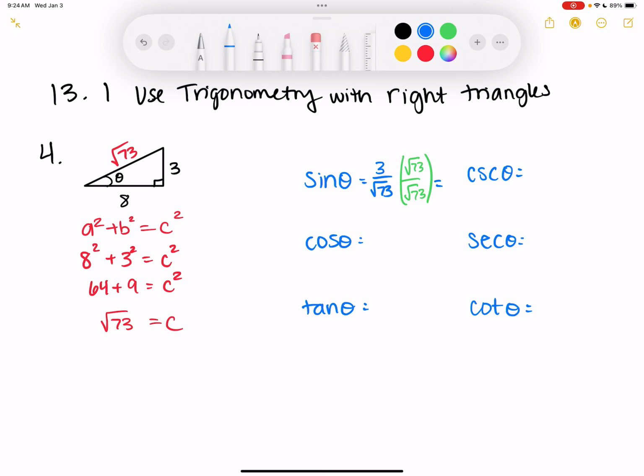And so then that's going to give me 3 square root of 73 over 73. And so that would be your sine value.